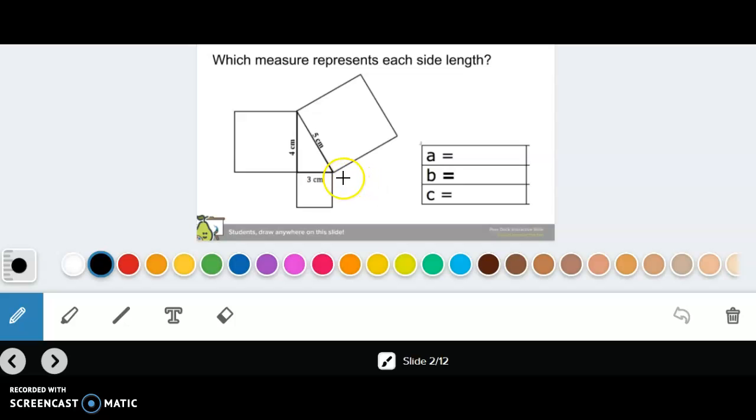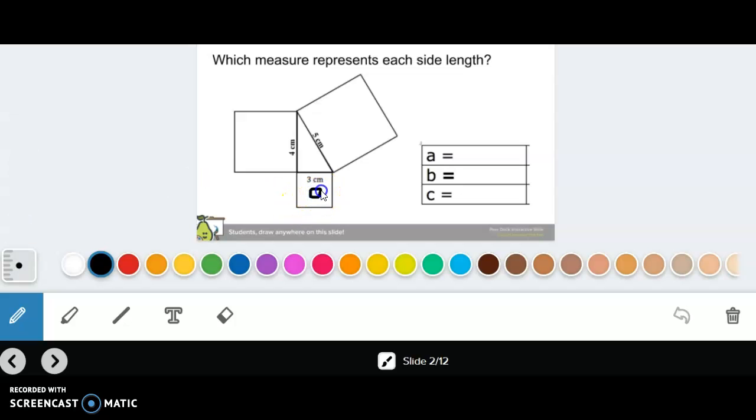The short side is always your A, the long side is your B, and the cross or diagonal, the hypotenuse, is C. So you're going to take those side measurements and put them over here. You can even put it here in the box if you want to.